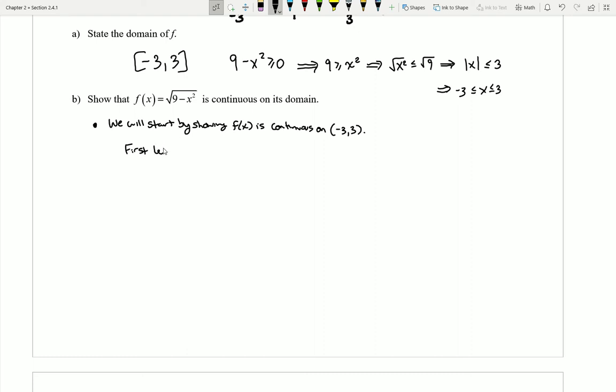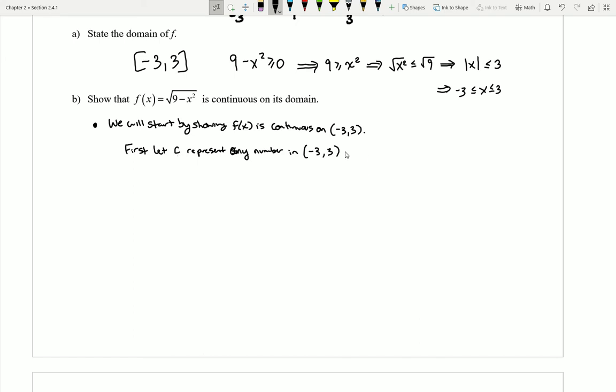First, let c represent any number in the interval -3 to 3. Let's pretend that I pulled some number out of that interval, and I'm going to check to see if the function's continuous there. I don't know what the number is, I just know it's from that interval.